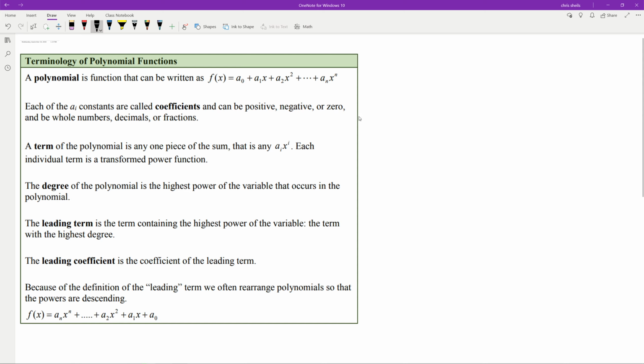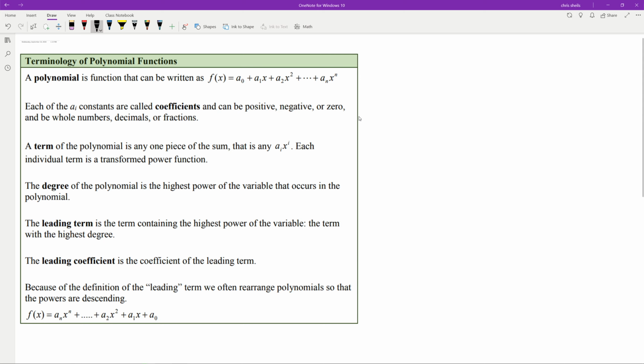A term of the polynomial is any one piece of the sum. That is any a sub i times x to the ith power. So for instance, this a2 x squared is a term of that polynomial. Each individual term is a transformed power function. We say that the degree of the polynomial is the highest power of the variable that occurs in the polynomial.